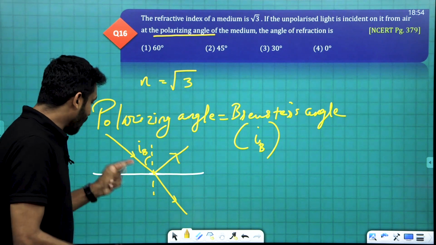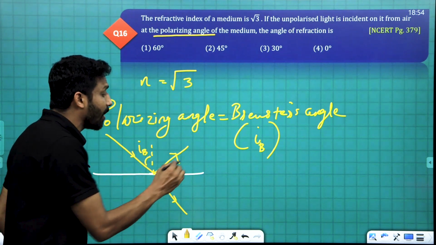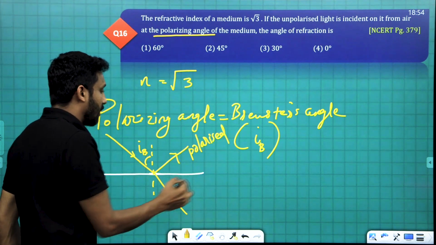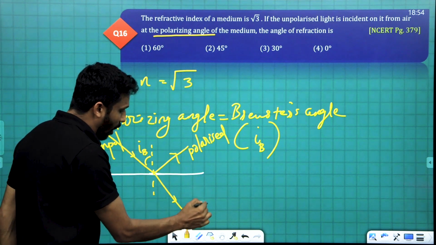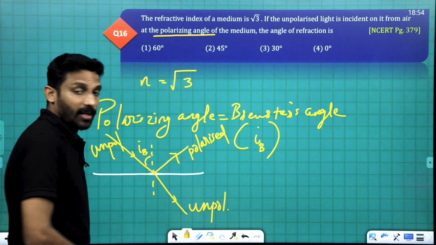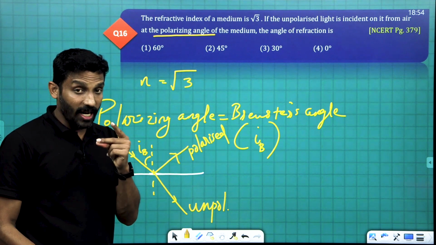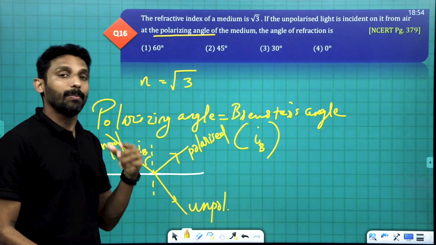And if this angle of incidence is Brewster's angle, then this reflected will be polarized. That is the condition we studied. This is unpolarized. This is also unpolarized. The reflected will be polarized if and only if the angle of incidence is a particular angle named Brewster's angle.